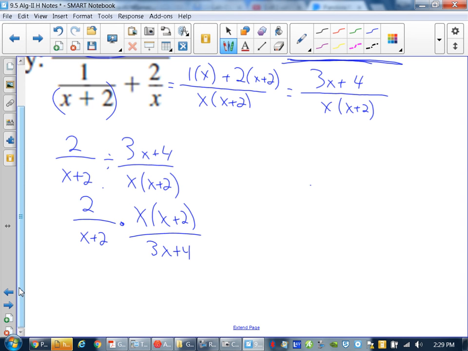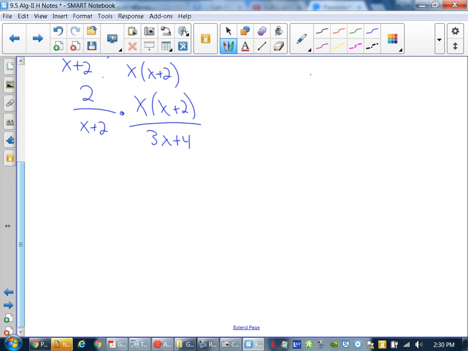You don't have to worry about anything because you're just straight multiplying. When you do that, your x plus 2's will drop out. So what's 2 times x? And you're done. I cannot simplify that any further because of the addition in the term of the denominator. There's nothing left to simplify.